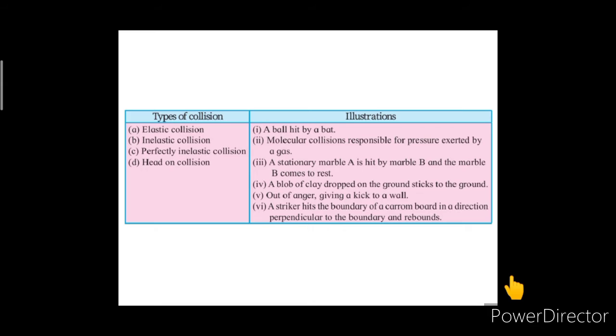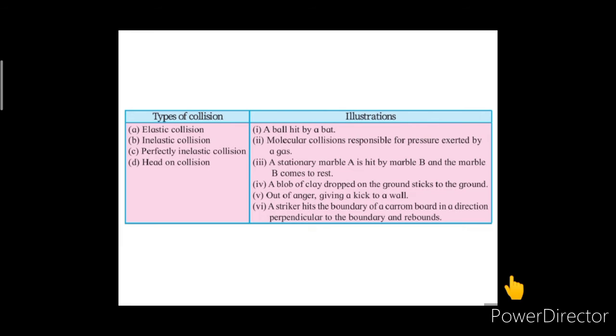Number 3, a stationary marble A is hit by a marble B and the marble B comes to rest. Number 4, a blob of clay dropped on the ground sticks to the ground. Number 5, out of anger giving a kick to a wall. Number 6, a striker hits the boundary of a carom board in a direction perpendicular to the boundary and rebounds.